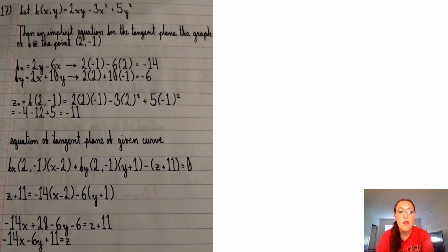Negative 4 minus 12 plus 5 equals negative 11.